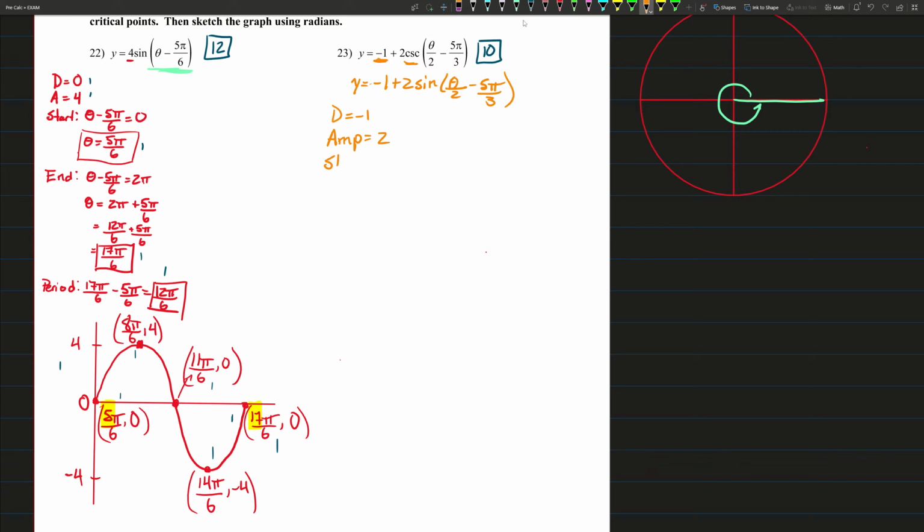We still have a start point. So we set everything inside parentheses equal to 0. For our endpoint, we set everything inside parentheses equal to 2 pi.